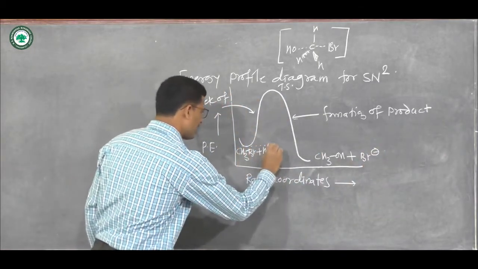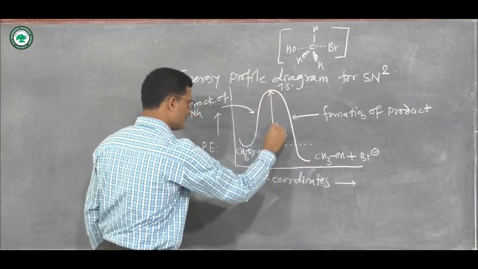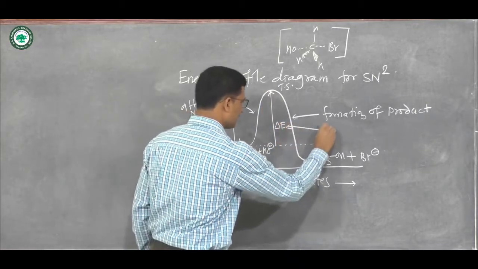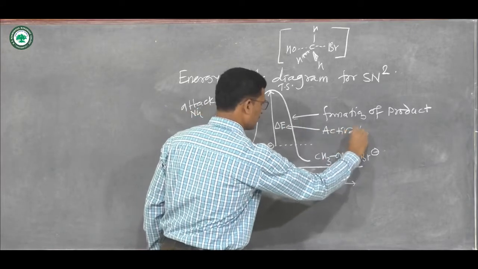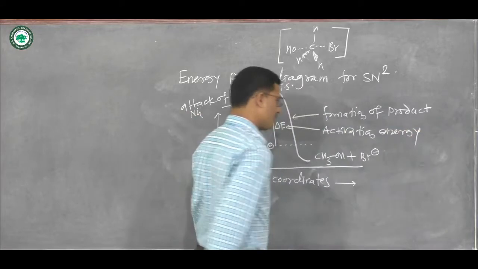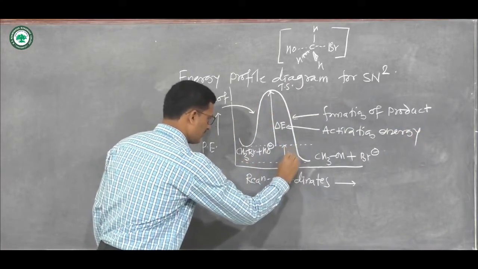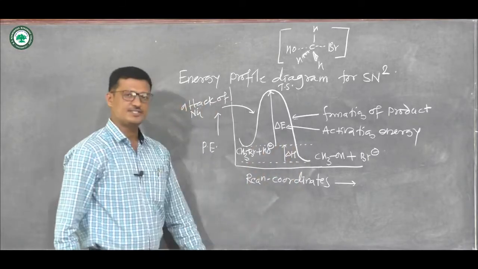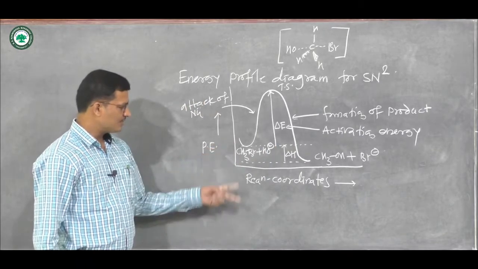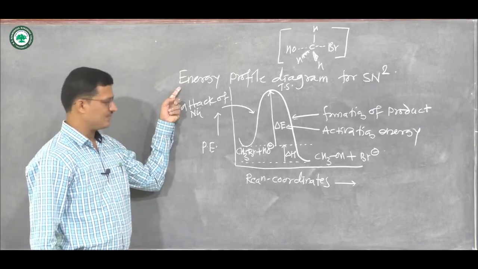Then how much energy is required to form the transition state? This is called delta E. Delta E is nothing but the activation energy. And when the product formation takes place, delta H amount of energy is given out. There is an energy difference between the products and the reactant. So this is the energy profile diagram of SN2 reactions.